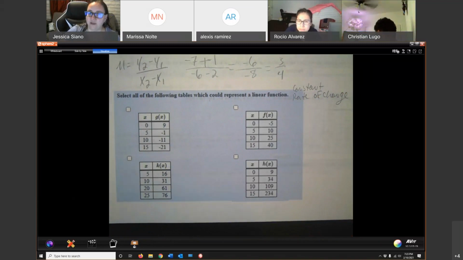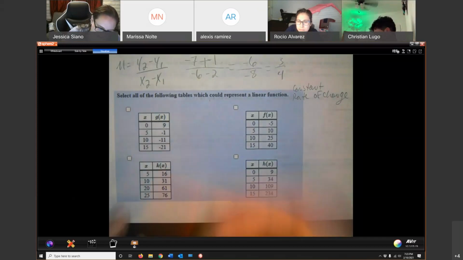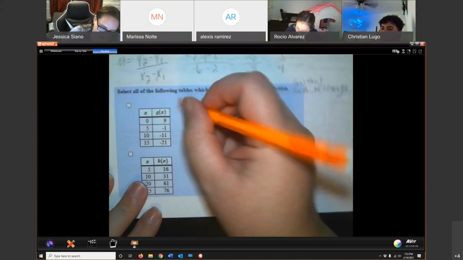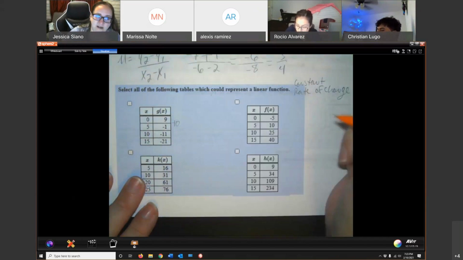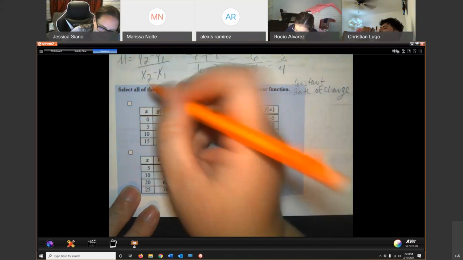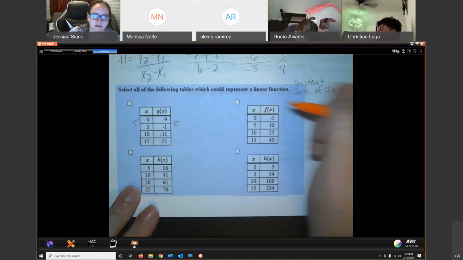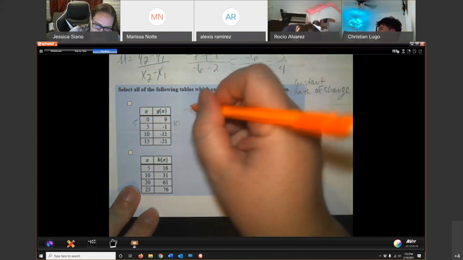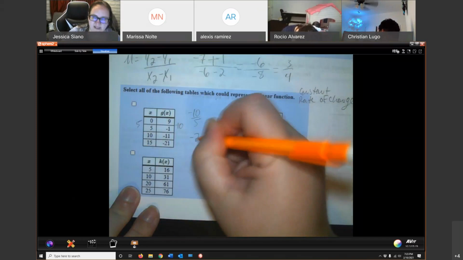To find the rate of change, we figure out what the rise is and what the run is. For example, here from 9 to -1, it wouldn't rise, actually, it would fall. So we would say -10. And then from 0 to 5 would be a run of 5. So then the slope would be -10 over 5, which is -2.